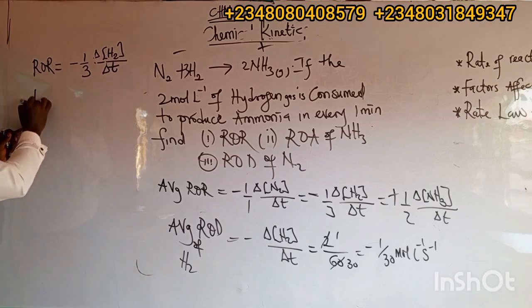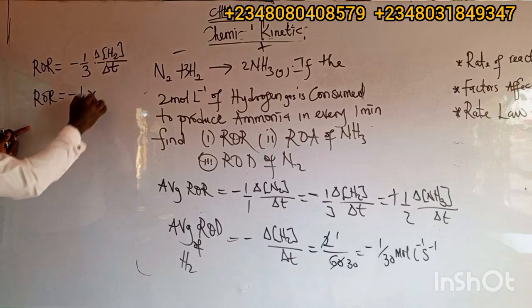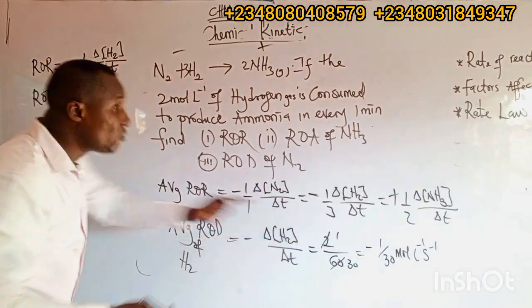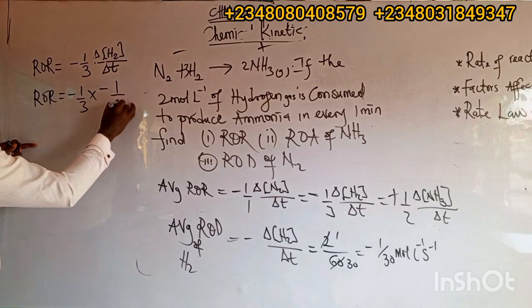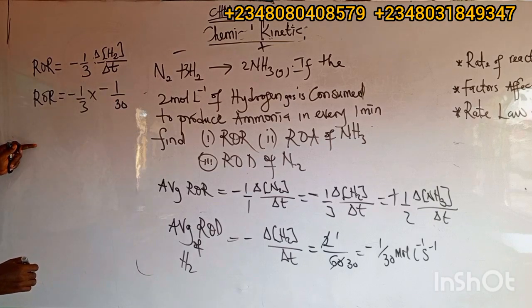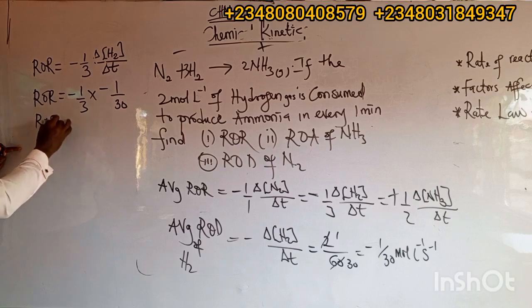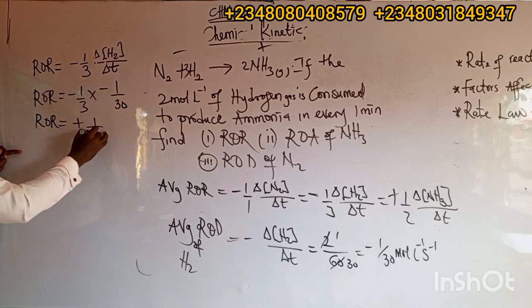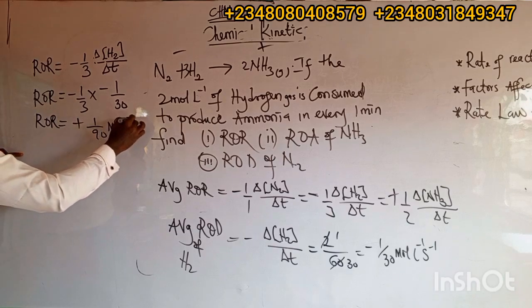And from here now, rate of reaction is equal to minus 1/3 times the rate of disappearance of hydrogen gas, which has been calculated as minus 1/30. Then from here we have rate of reaction equal to plus 1/90 mole per liter per second.